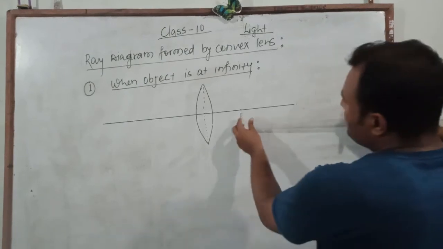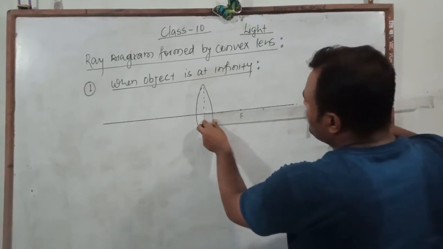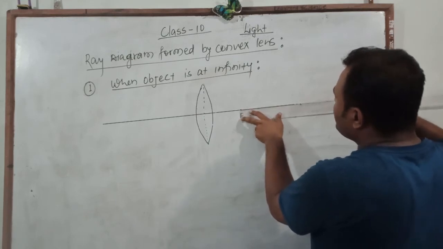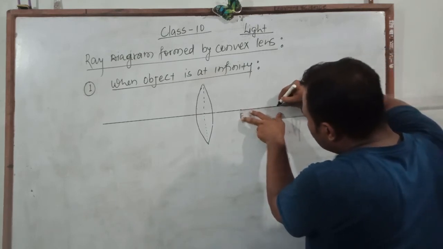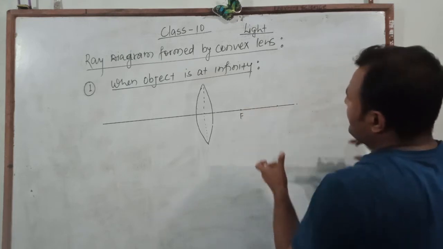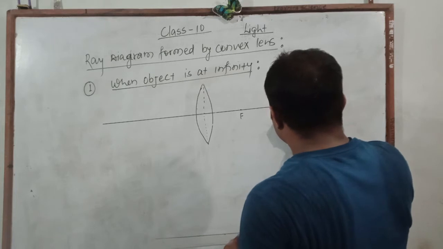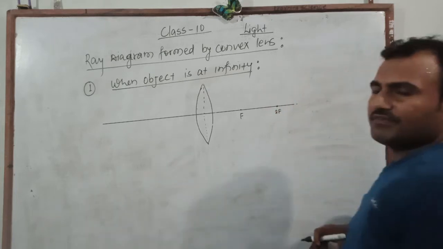Again we measure 2 centimeter more distance, twice the principal focus, and it is called 2F.